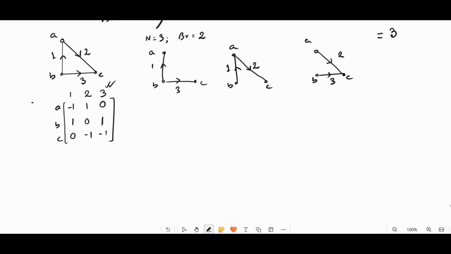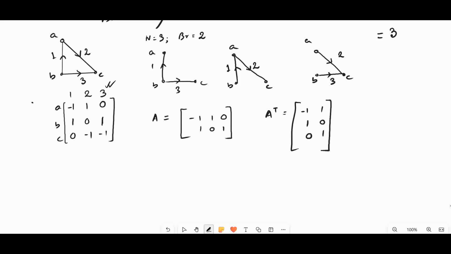Now from here, let's reduce this incidence matrix. The reduced incidence matrix will be minus 1, 1, 0, 1, 0, 1. Now the transpose of this will be minus 1, 1, 0, and 1, 0, 1.